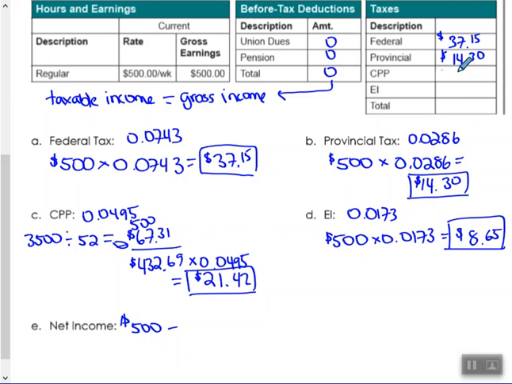Our CPP is $21.42. And our EI is $8.65. Adding all those up, we get $81.52 for our total tax deductions. So 500 minus 81.52, and we get 418.48.